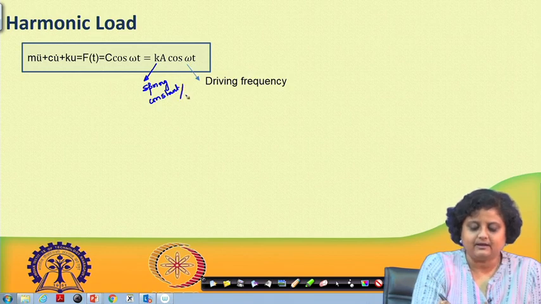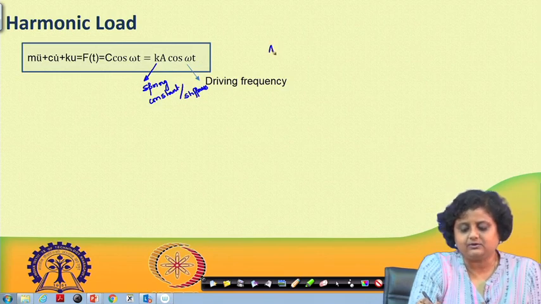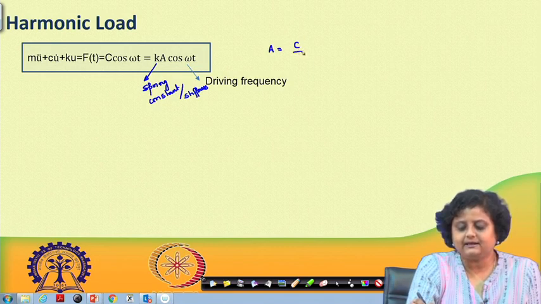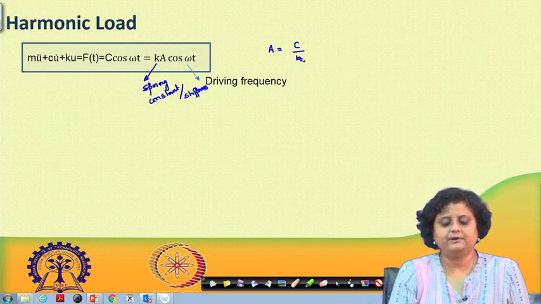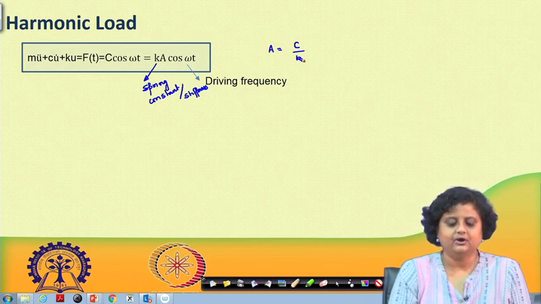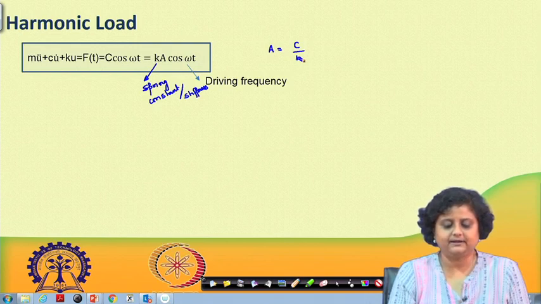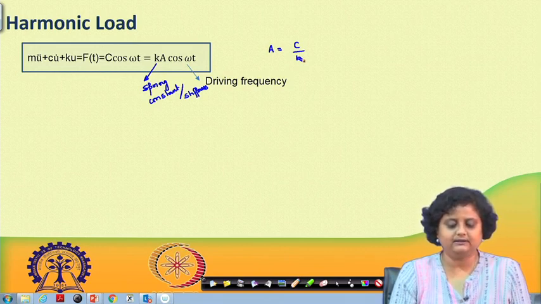And A is again a constant, which is the amplitude of the force C divided by the spring constant K. This is a small mathematical manipulation that I have done, which will be very useful later. Right now let us not bother about why I did this, but we will get to know at a later stage.